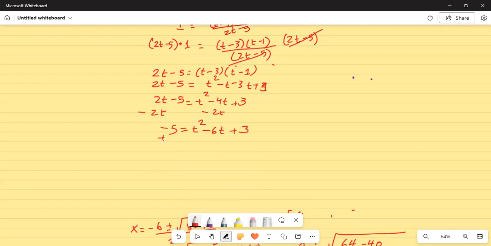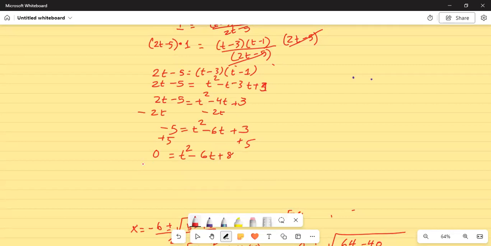Then I add 5 on both sides. I get 0 equal to t square minus 6t plus 8.